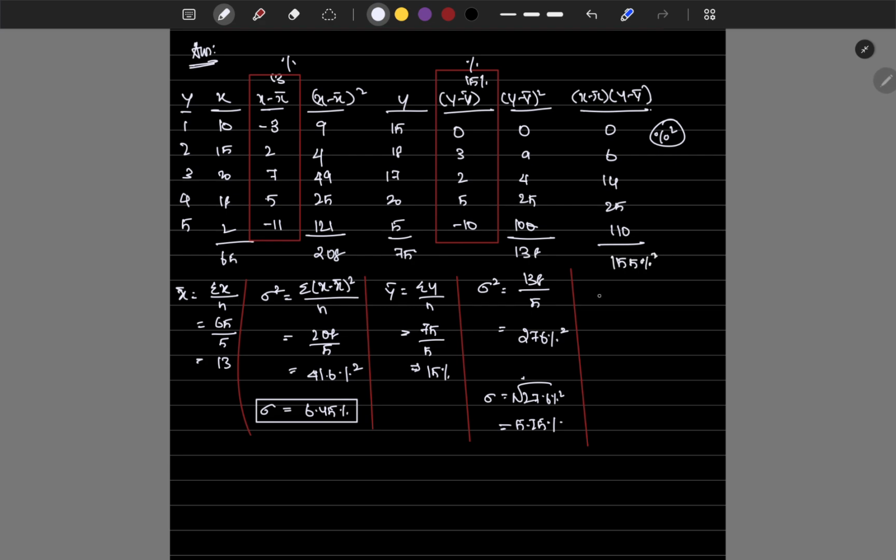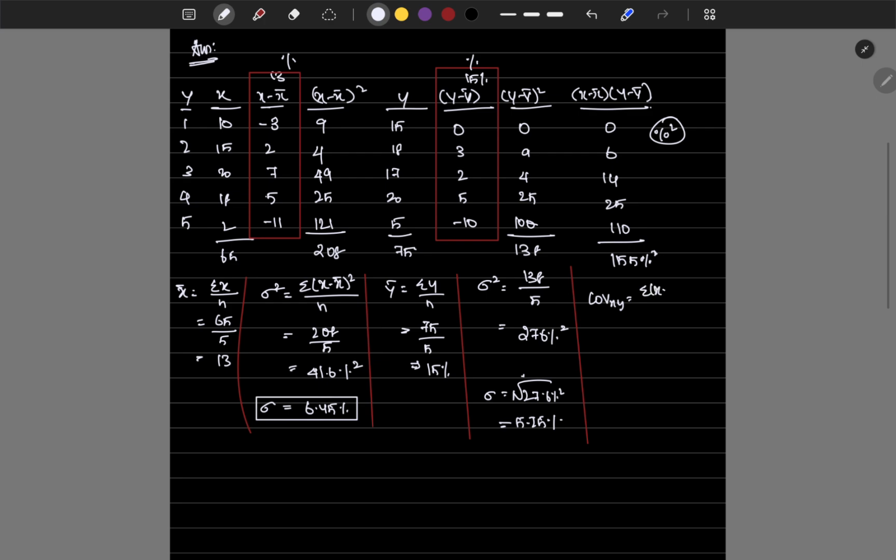With this we have to find out the covariance. What's the formula for covariance? Sigma of x minus x bar into y minus y bar, divided by n. The whole value will be in square. 155 divided by 5 is 31 percentage square.